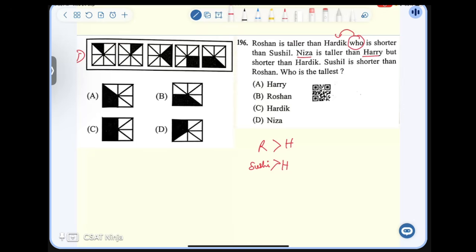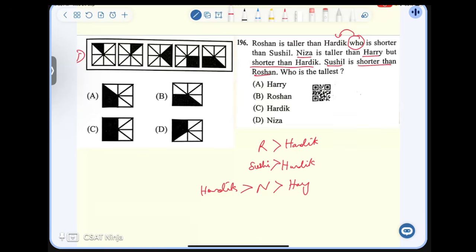Niza is taller than Harry. Remember, this is Hardik. But shorter than Hardik. That means Niza is shorter than Hardik. Sushil is shorter than Roshan.